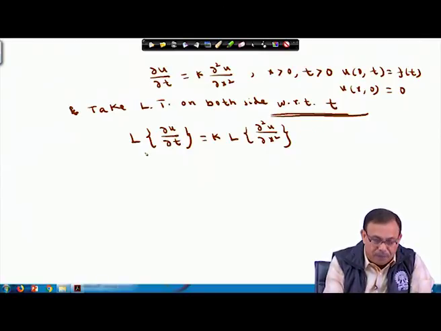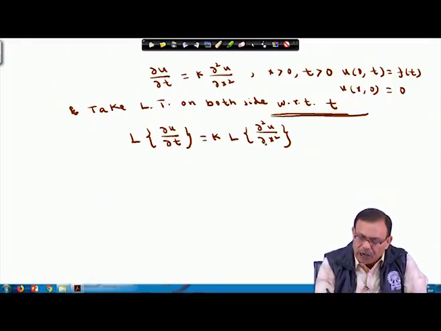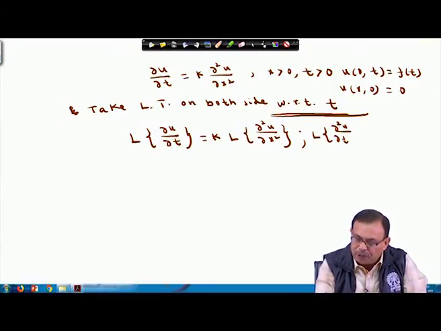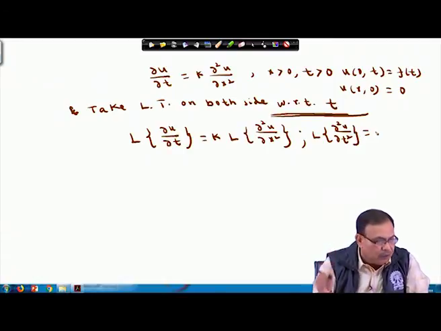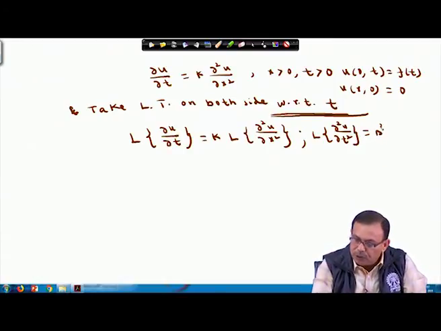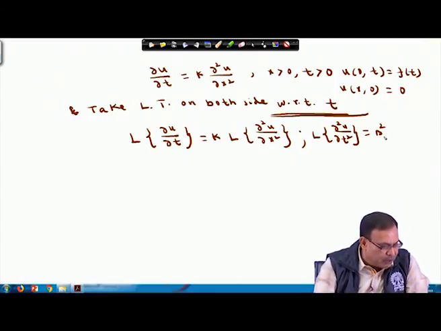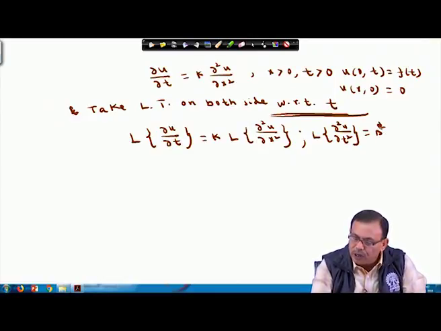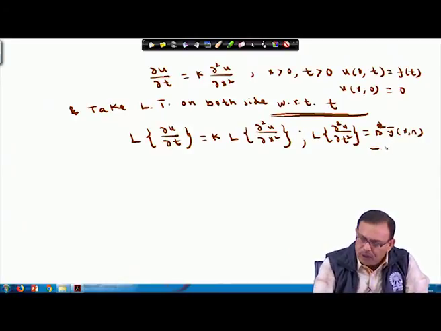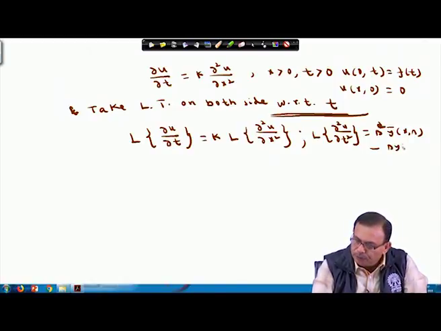Now, you know that the Laplace transform of the second derivative, already we have done, this is equal to s² ū(x,s) minus s u(x,0) minus u_t(x,0).